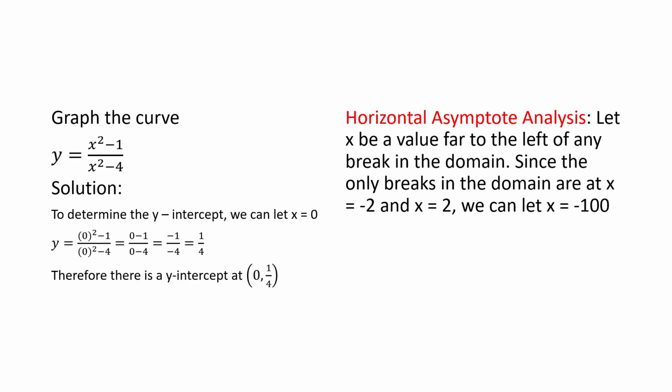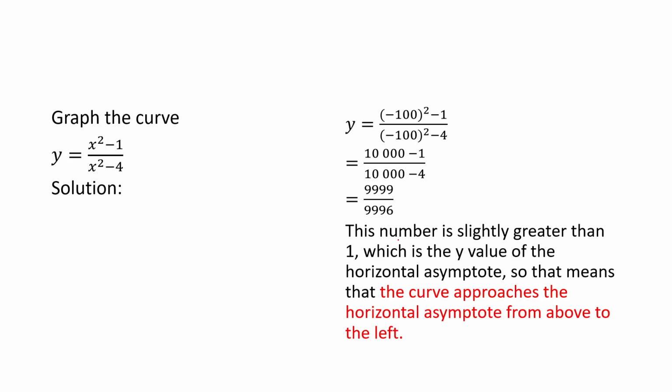Let's do a horizontal asymptote analysis. We're going to let x be a value far to the left of any break in the domain. So we choose negative 100. Letting x be negative 100, we evaluate y, just plugging it into the original function. When we do that, y is a number slightly greater than 1.